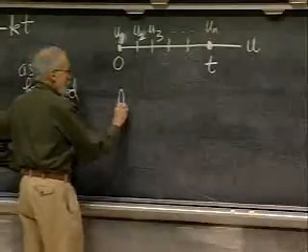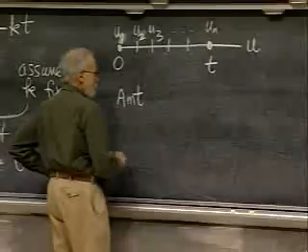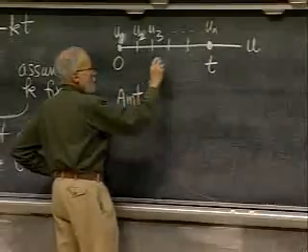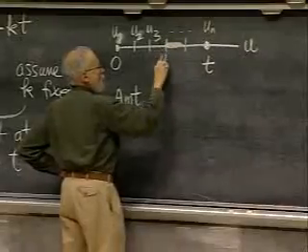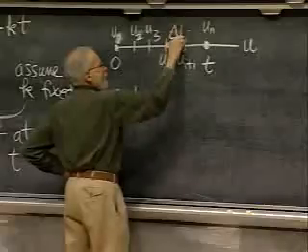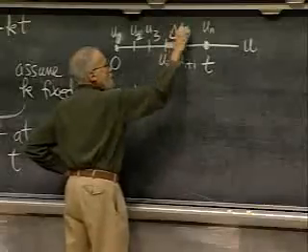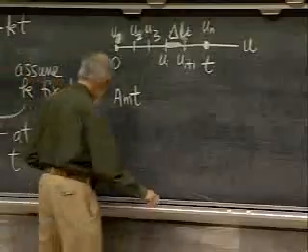Now, what I'm going to do is look at the amount, take a time interval from ui to ui plus 1. This is a time interval delta u, divided up into equal time intervals.